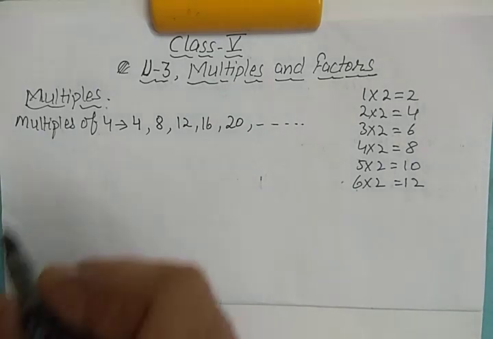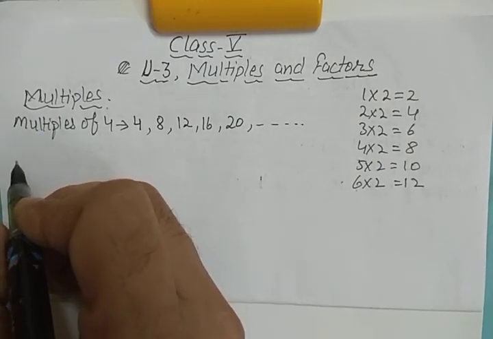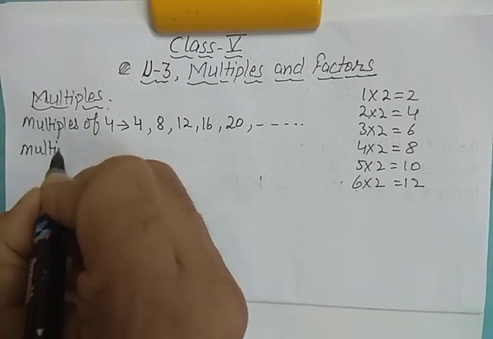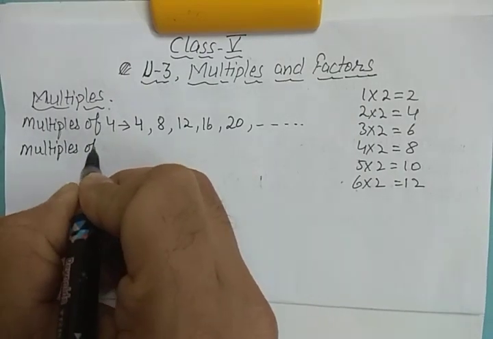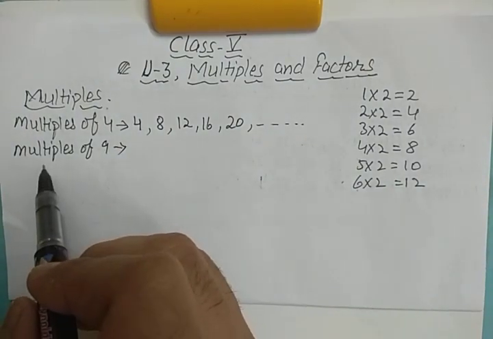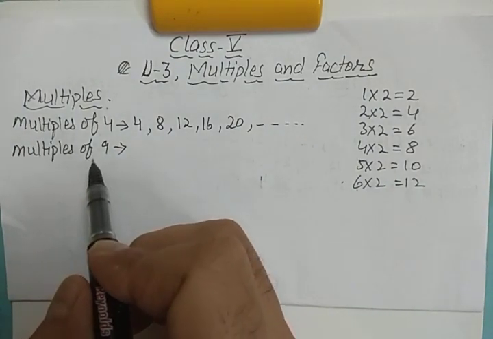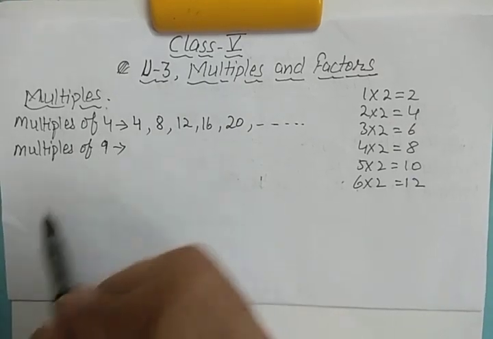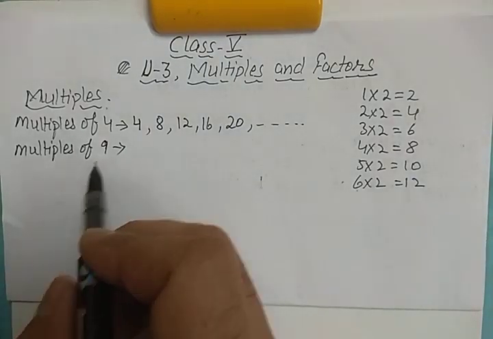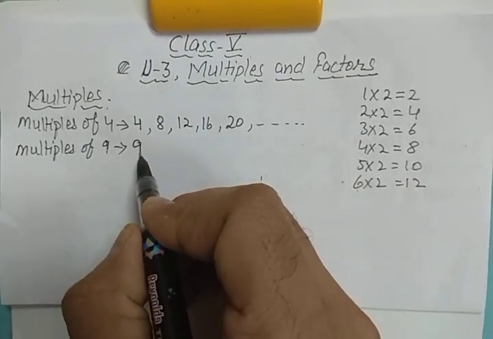Similarly, suppose if you want to find the multiples of 9. So you have to recite the multiplication table of 9. So the first multiple of 9 is 9 ones are 9.